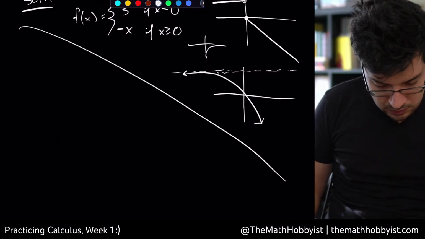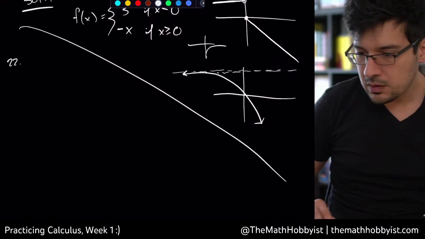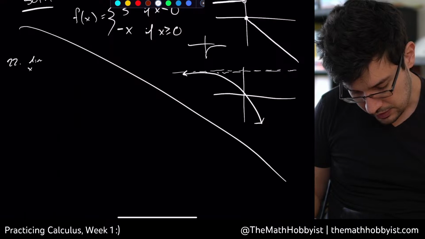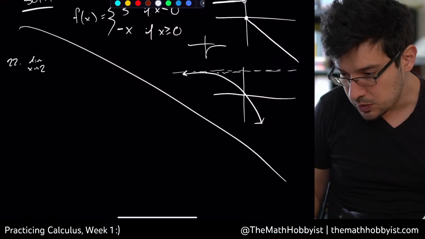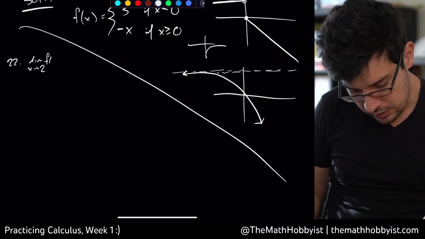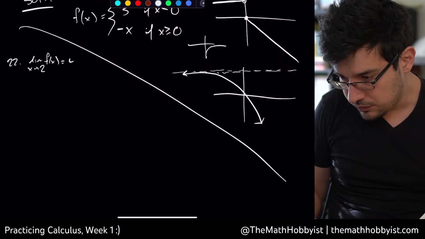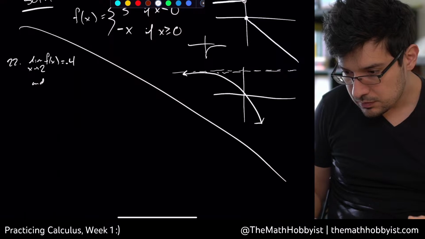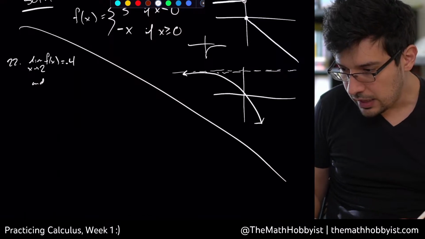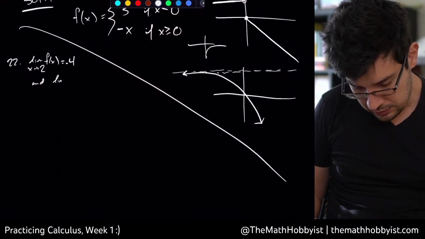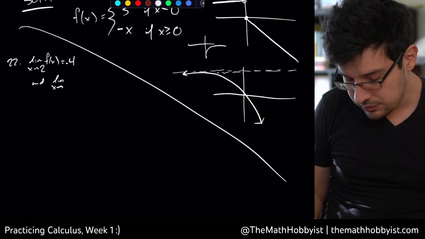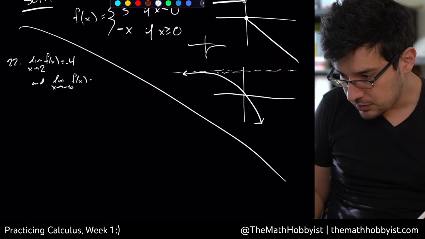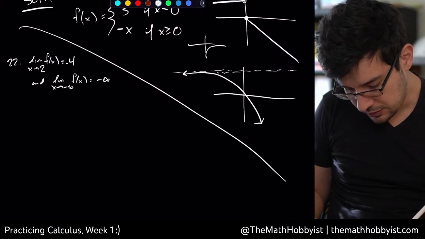All right, 22. Let's do another one just because that was fast. Limit as x tends to 2, f of x equals -4, and limit as x tends to negative infinity, f of x equals negative infinity.